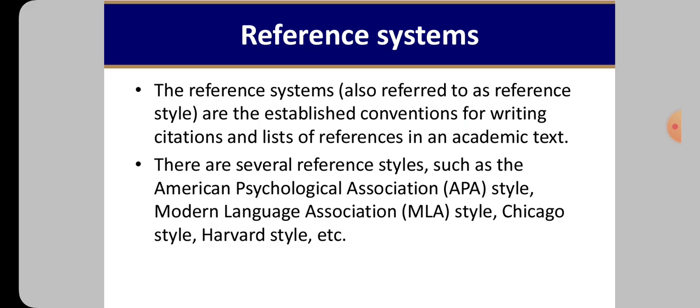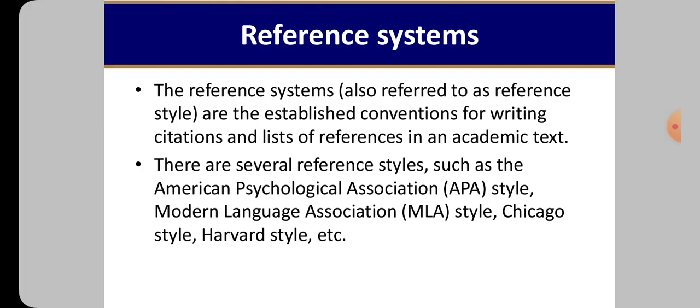The reference system is also referred to as the reference style. Pay attention: the reference system is also known as the reference style, and these are established conventions for writing citations and lists of references in an academic text.